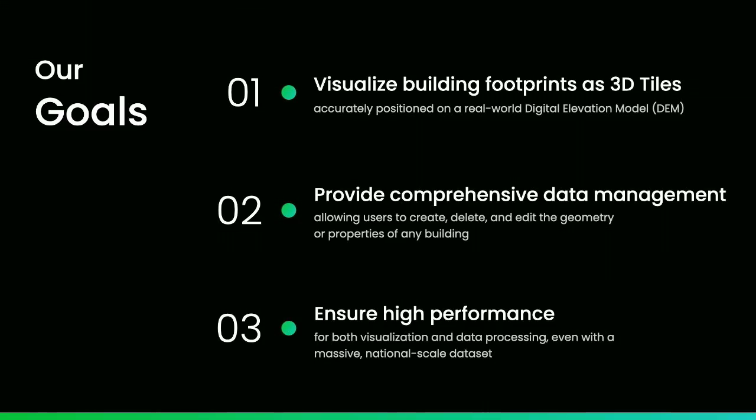The data will change in near real time, because there is processing time for new data, and we ensure high performance when users pan and scroll on the map to see the buildings.